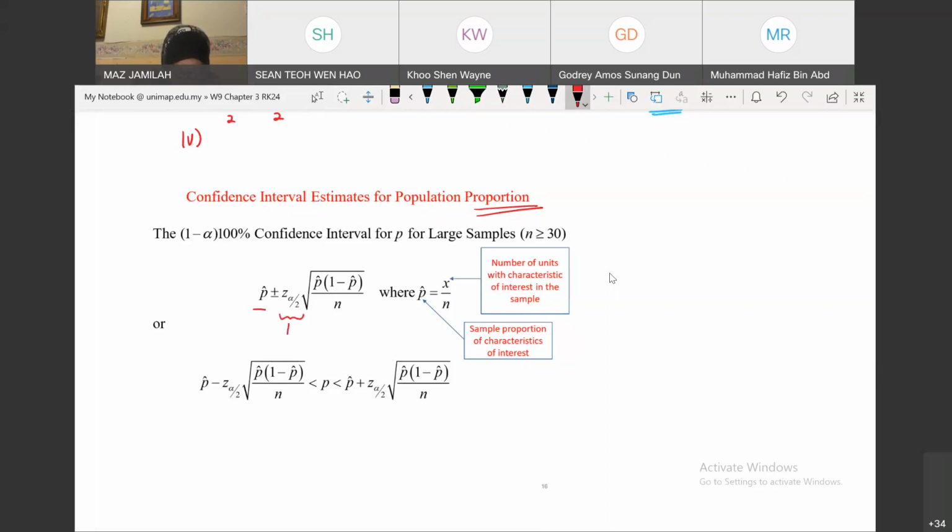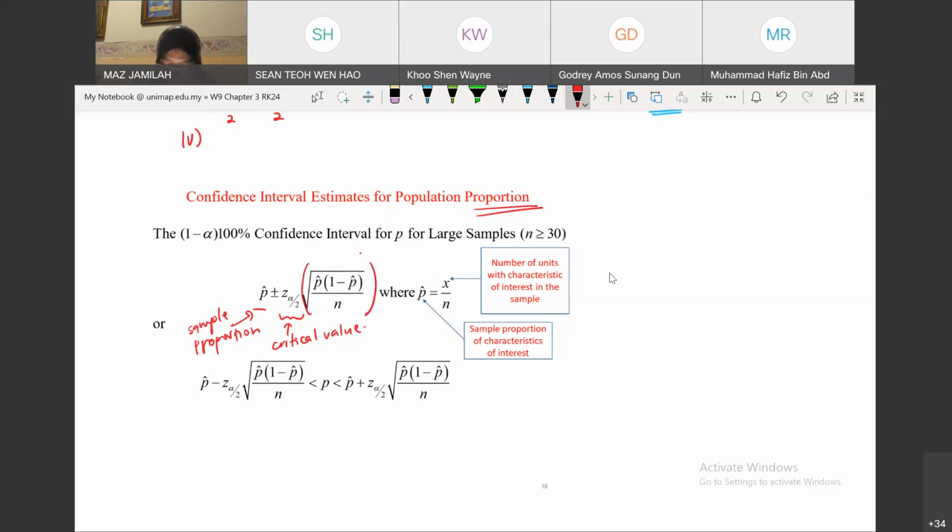So this is your critical value, and this is your sample proportion. And this is what, for the mean just now, we called the sample error. Here we don't know the name, but this one is the proportion for our sample.